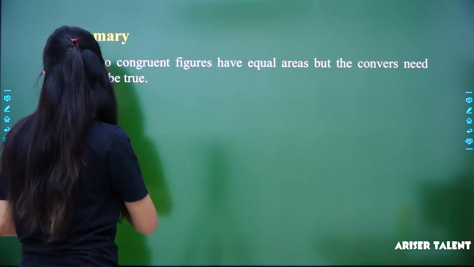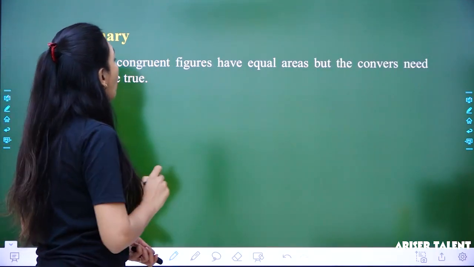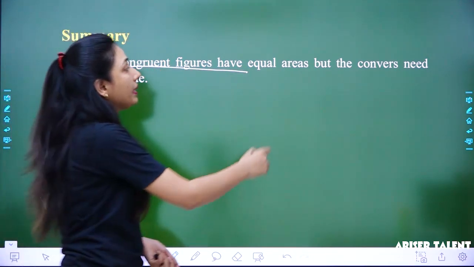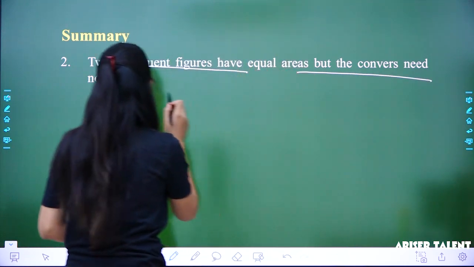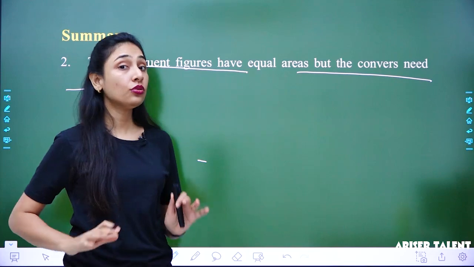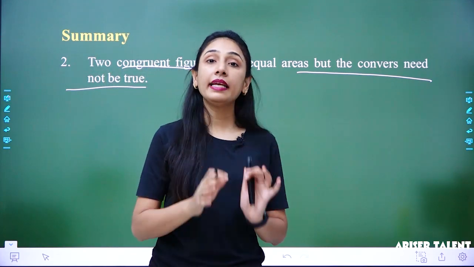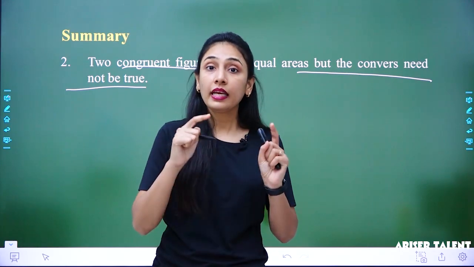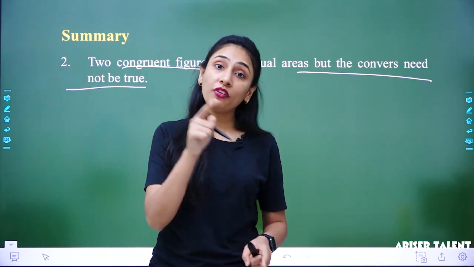The next thing is: two congruent figures have equal areas, but the converse need not be true. What we have studied is that if two figures are congruent to each other, then the areas of these two figures will be the same.